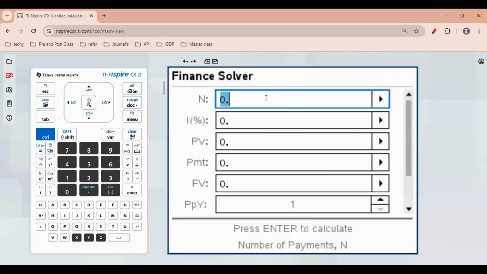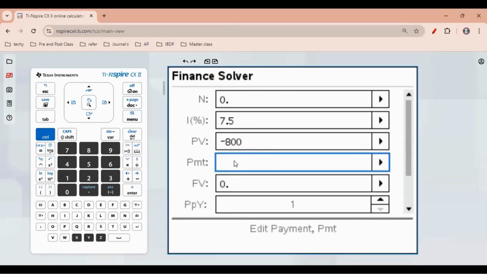N is unknown, because I don't know after how many months, so let's ignore it. 7.5 is my interest, present value is minus 800, payment is minus 500, future value is 10,000 positive.